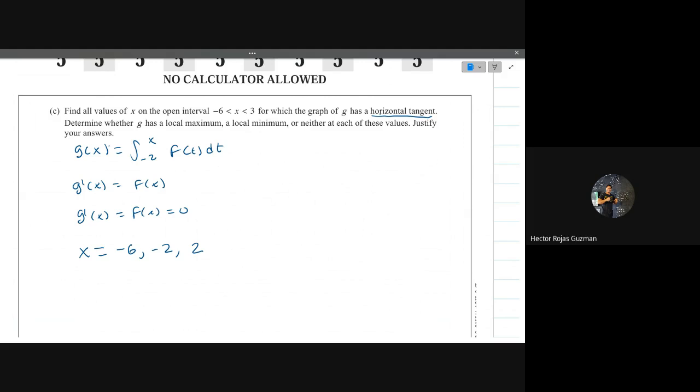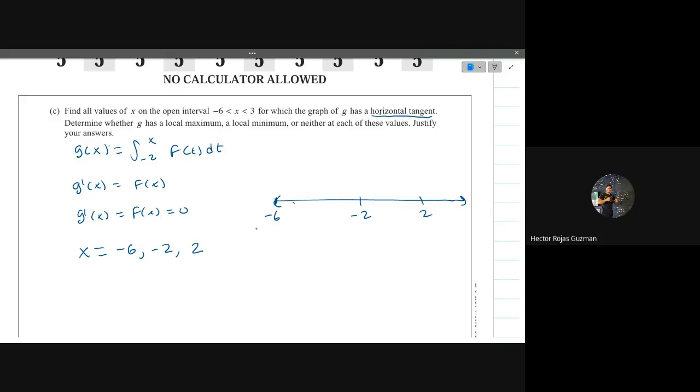Determine whether G has a local max, a local min. Well, -6 is actually an endpoint, so we're not going to go to the left of it. -6 is the endpoint. -6, -2, +2.